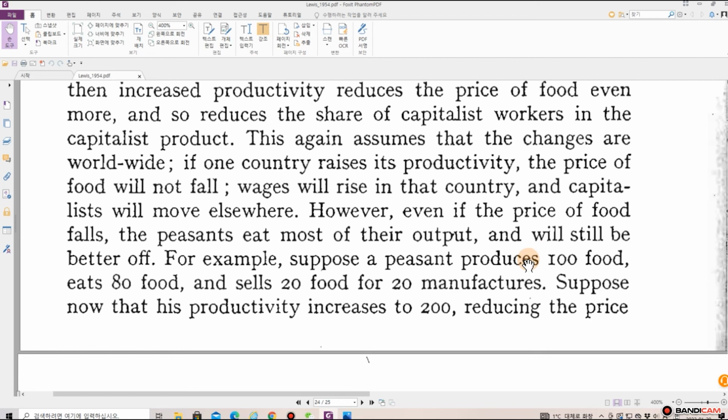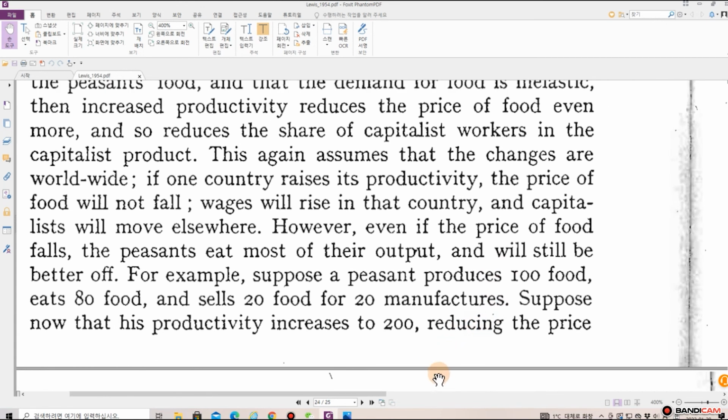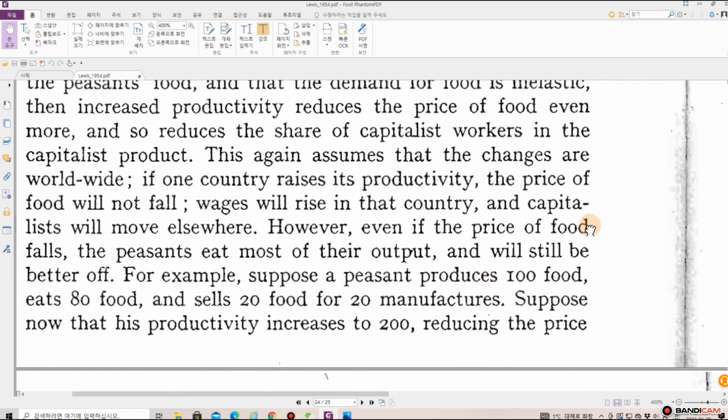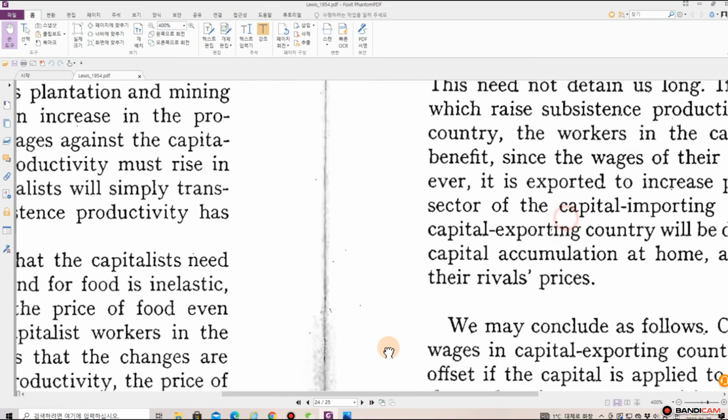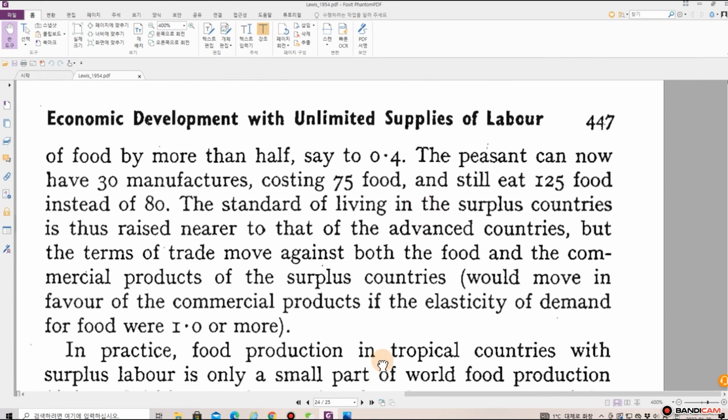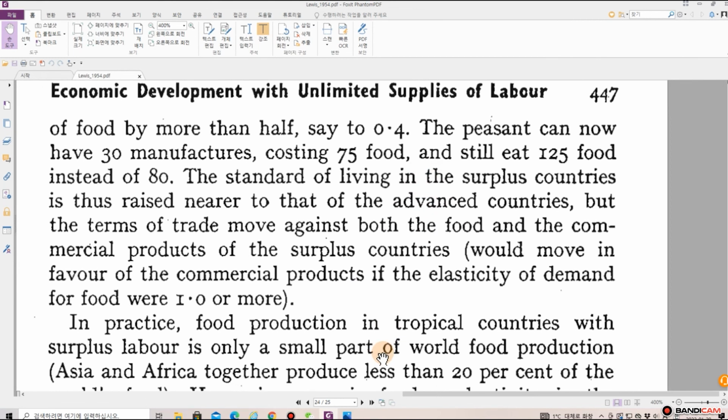For example, suppose a peasant produces 100 food, eats 80 food, and sells 20 food for 20 manufactures. Suppose now that this productivity increases to 200, reducing the price of food by more than half, say to 0.4. The peasant can now have 30 manufactures costing 75 food and still eat 125 food instead of 80.